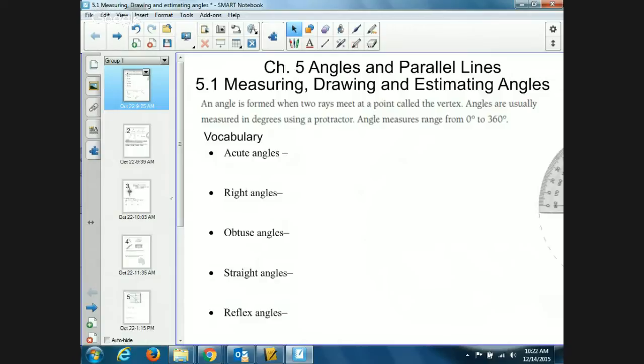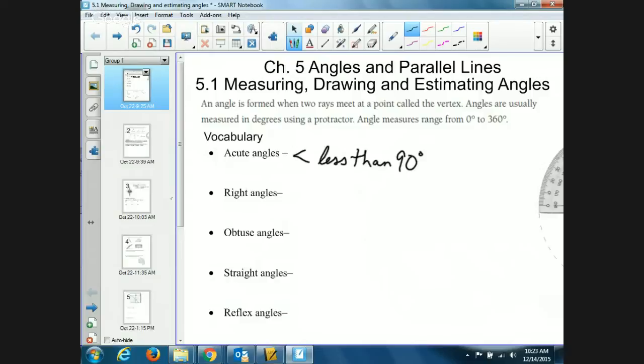So what is an acute angle? I'm going to use this symbol to represent the word angle. An acute angle is less than 90 degrees. I hope you all know that 90 degrees is the corner of a square. Okay, so smaller than 90 degrees, 89 down to 0.1 degrees.